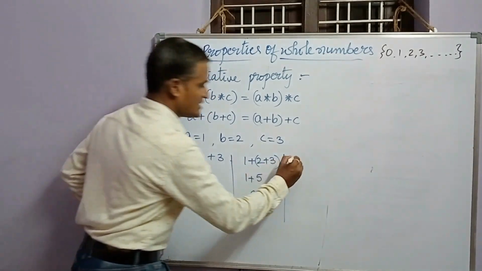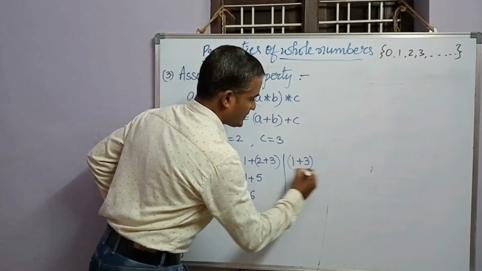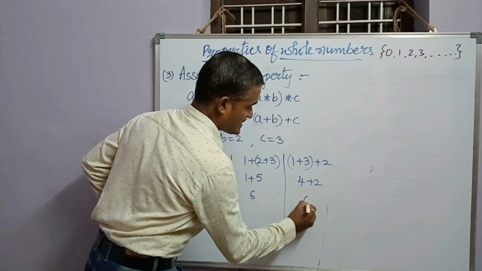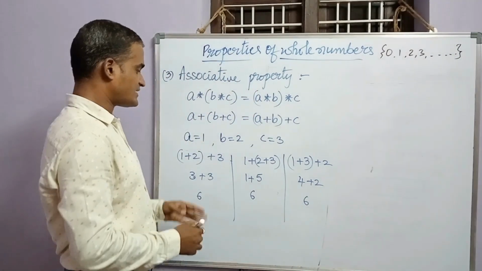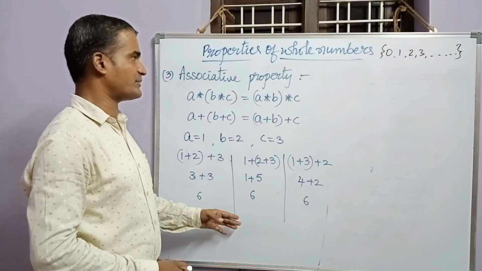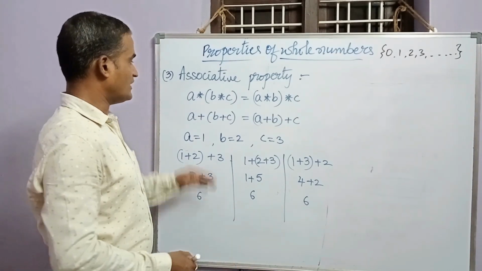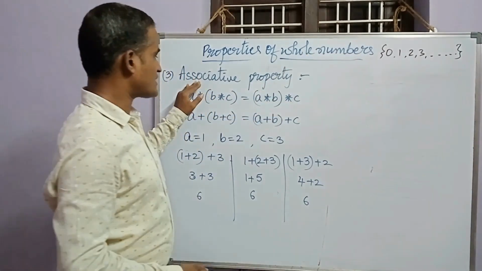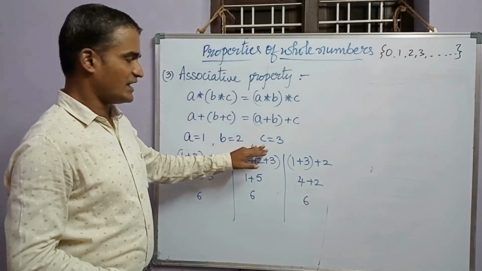If you add 1 plus 3, that is 4, plus 2, the answer is 6. However you add the three numbers, the answer is always the same in the associative property. So whole numbers satisfy the associative property under addition.